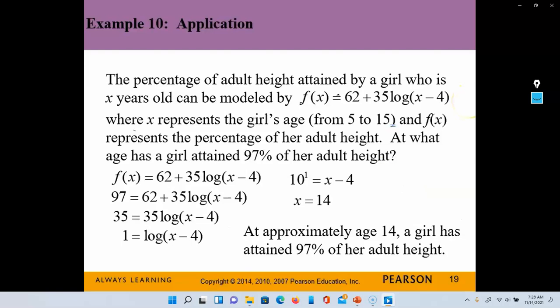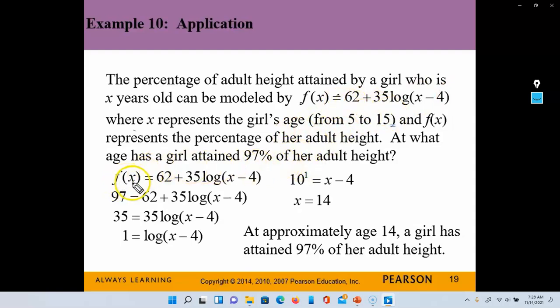Example 10. The percent of an adult's height attained by a girl who is x years old can be modeled by this logarithmic function, where x represents the girl's age from 5 to 15, and the function represents the percentage of her adult height. At what age has a girl attained 97% of her adult height? So here we're going to do some substitution.